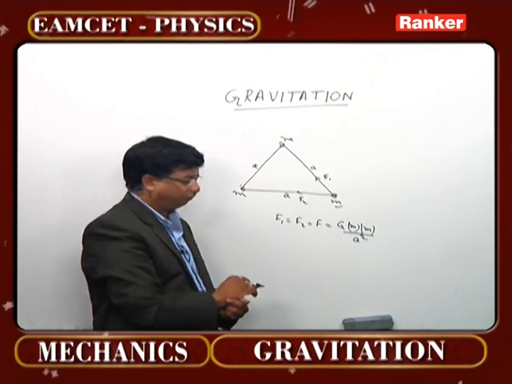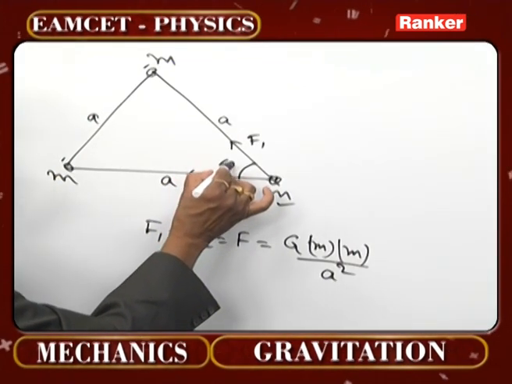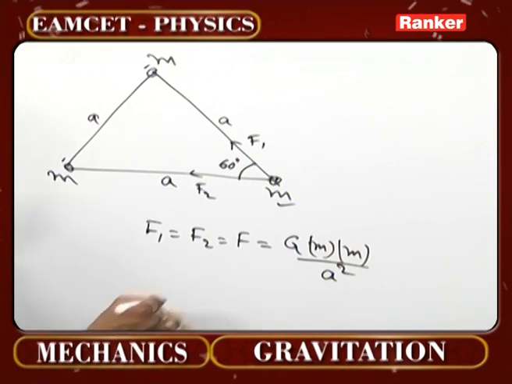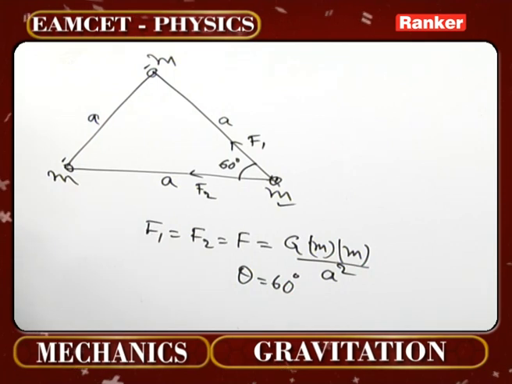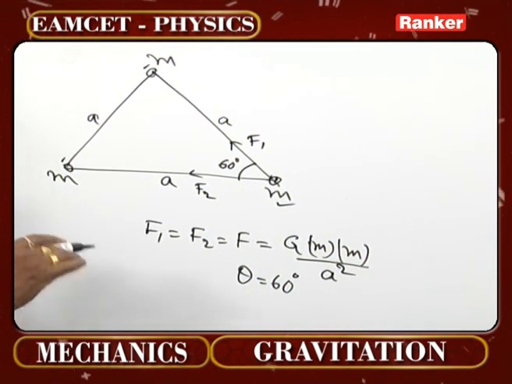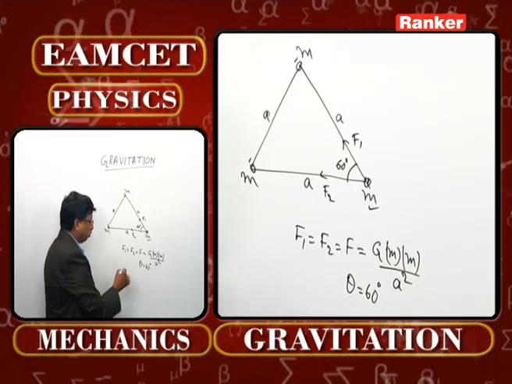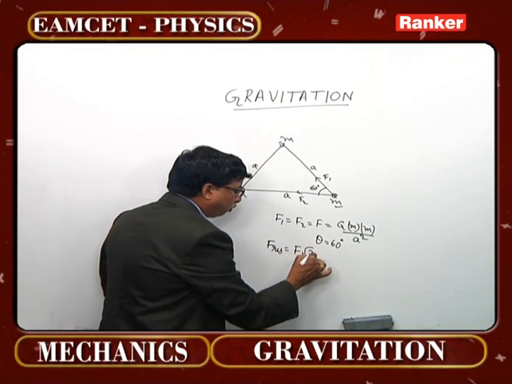Now coming to the next one, since it is an equilateral triangle by nature, the angle between them will be 60 degrees. So I should now take the angle 60 and apply the parallelogram law of vectors to get the resultant force acting on the body. So what will be the resultant over here now? It is simply F root 3.